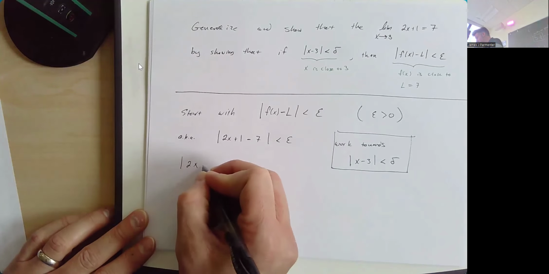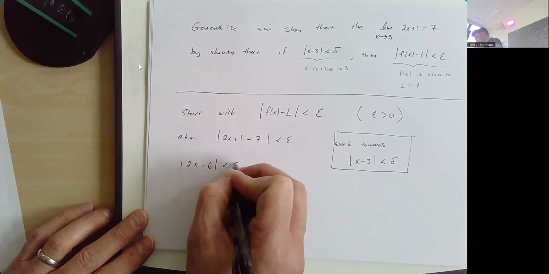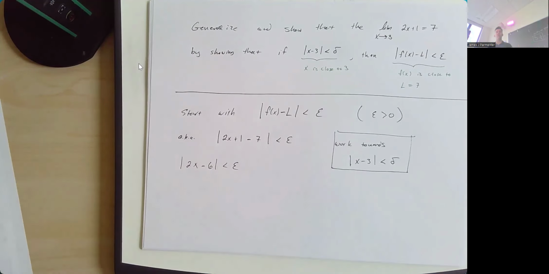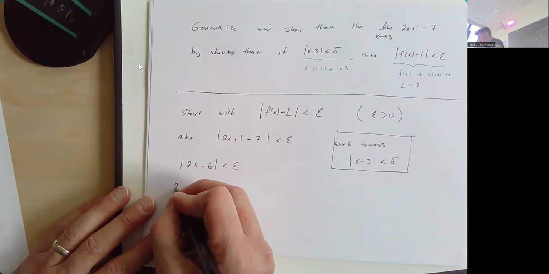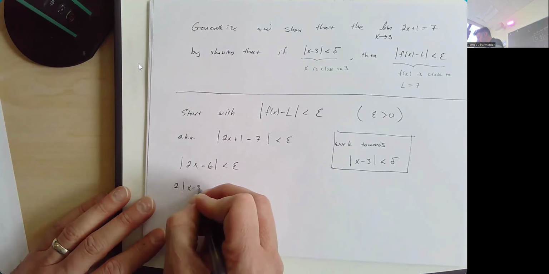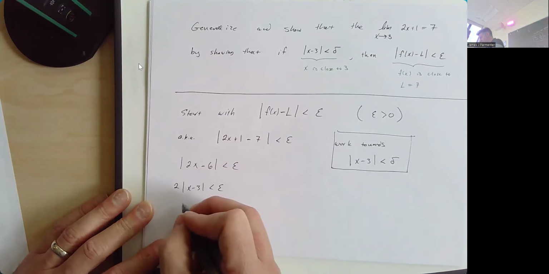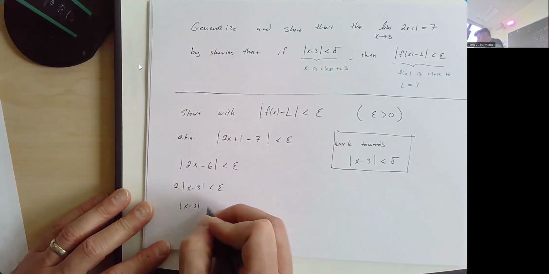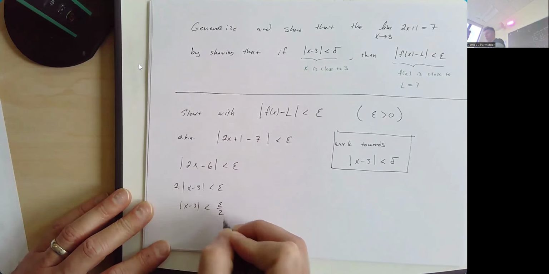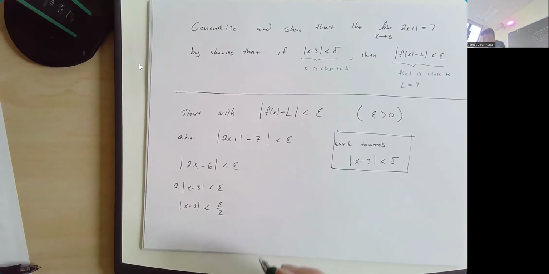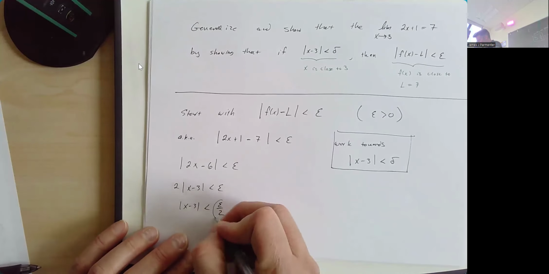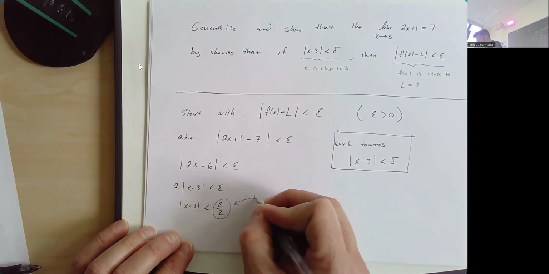We're going to get the absolute value of 2x minus 6 less than epsilon. We're going to factor out the 2 just like we did before and get 2 times the absolute value of x minus 3 less than epsilon. And then we're going to get the absolute value of x minus 3 less than epsilon over 2. And that is our choice for delta.